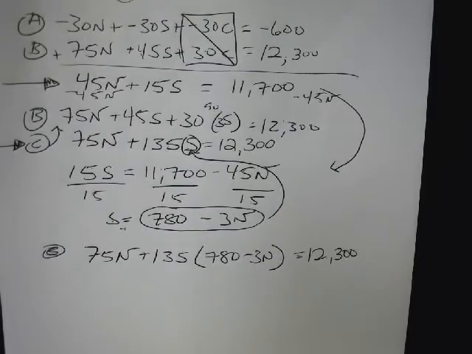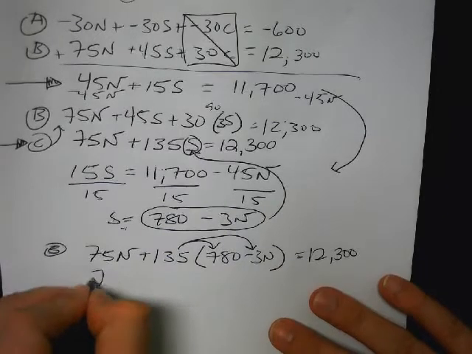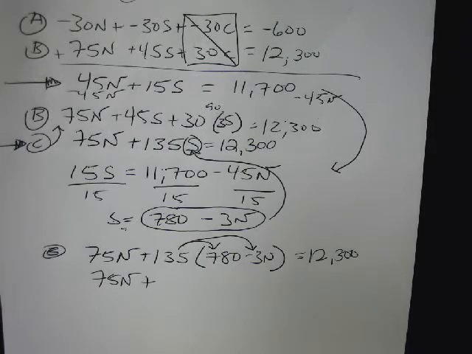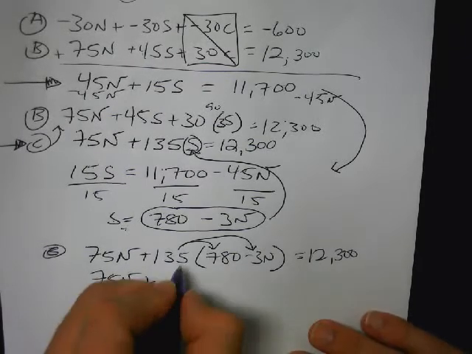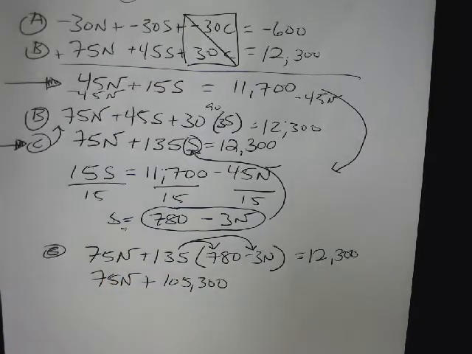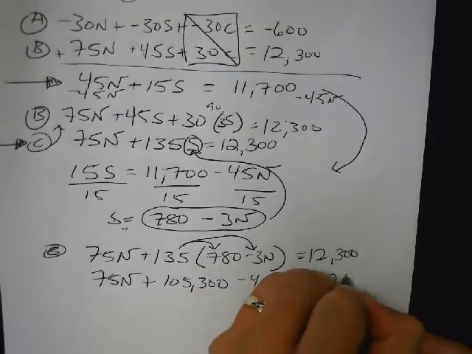Again, from here, all I'm going to do is distribute. 75N plus 105,300 minus 405N equals 12,300.